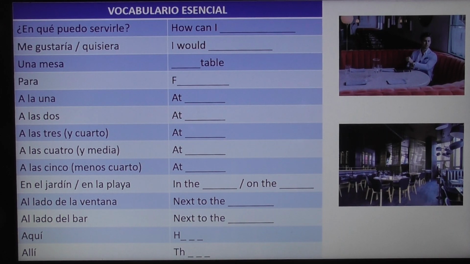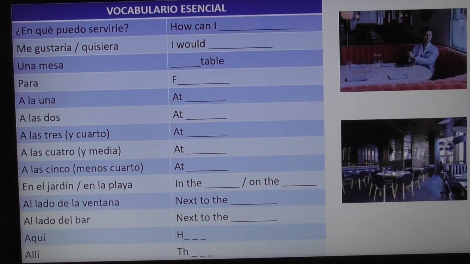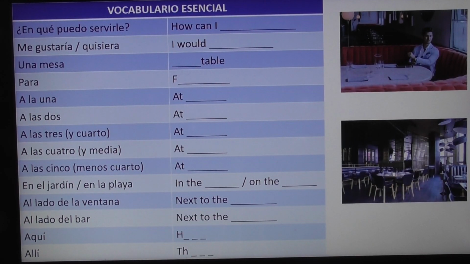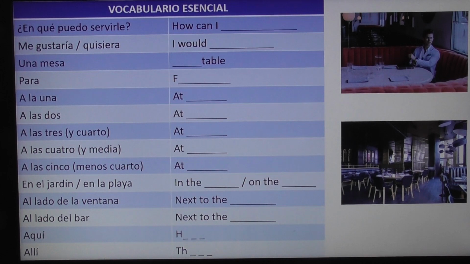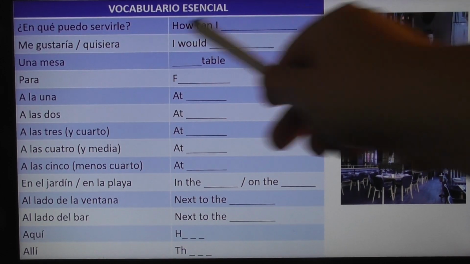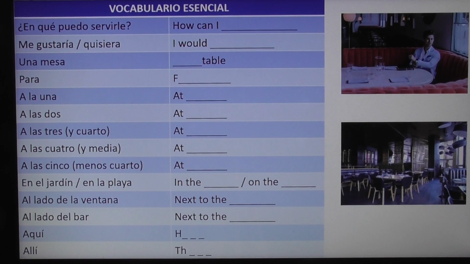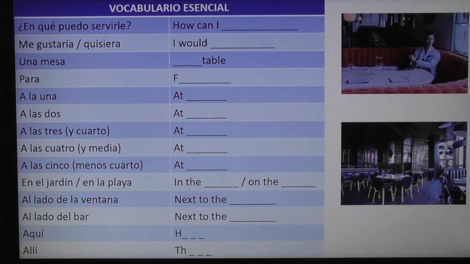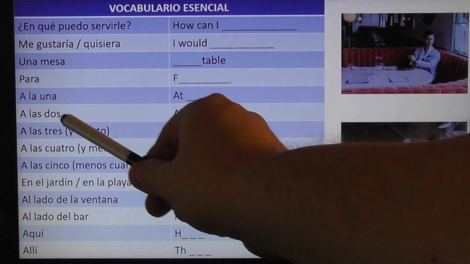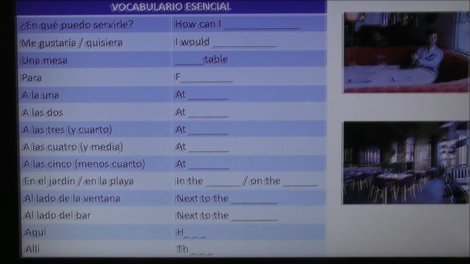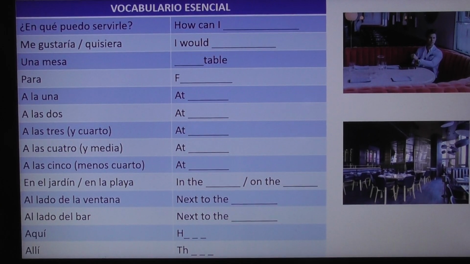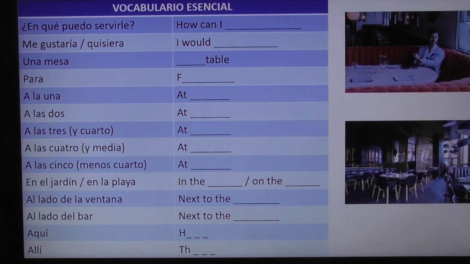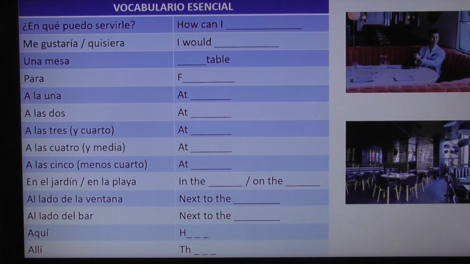Get ready to do some shouting out. Vamos, ¿cómo se dice en inglés? Me gustaría. I would like. ¿Cómo se dice en inglés? Una mesa. A table. ¿Cómo se dice en inglés a las dos? At 2, or at 2 o'clock. ¿Cómo se dice en inglés aquí? Here. Allí.